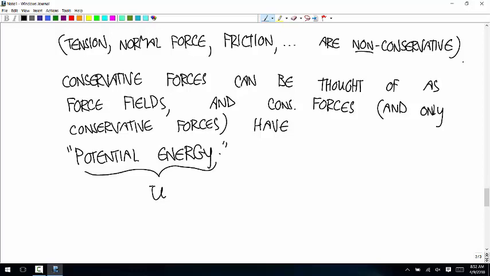The question is just, is position enough information? For a spring, it is dependent on the position, and you can think about it the same way.